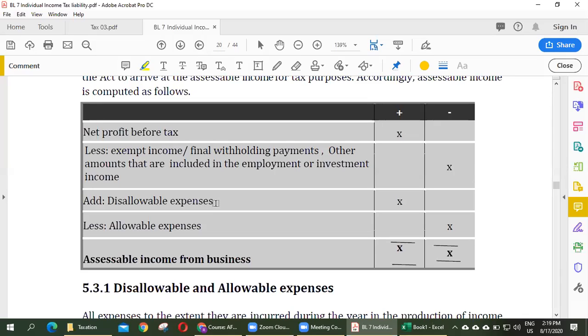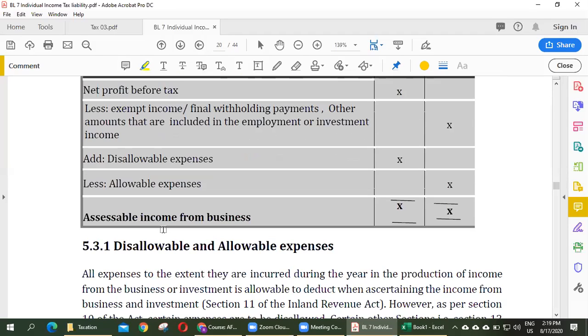In this example, donation and bad debts are not allowable expenditure, and we deduct the allowable amounts, and we will get business income.